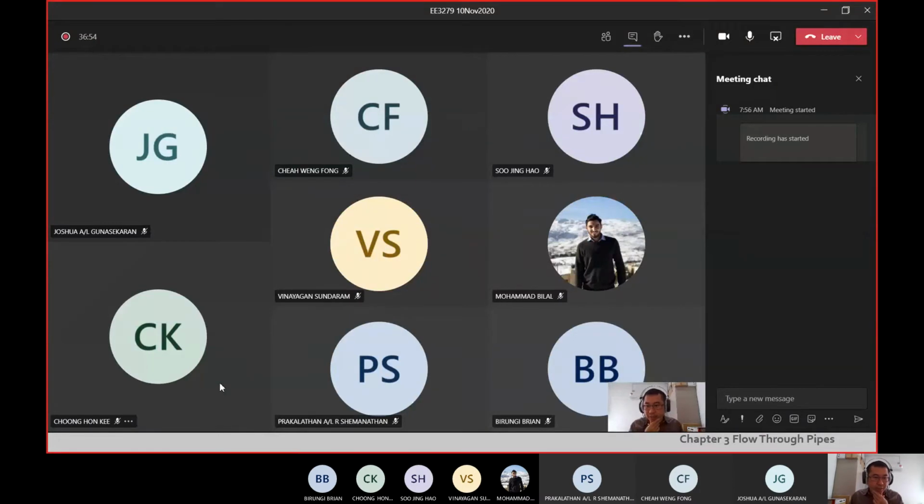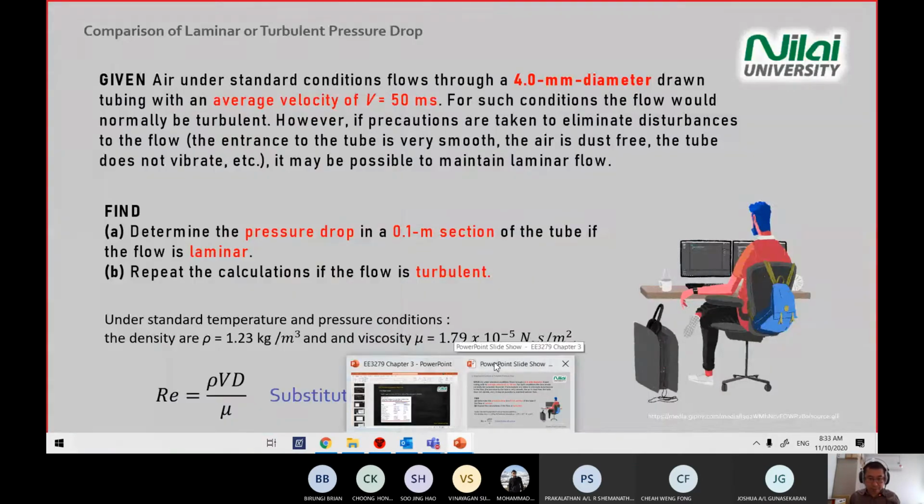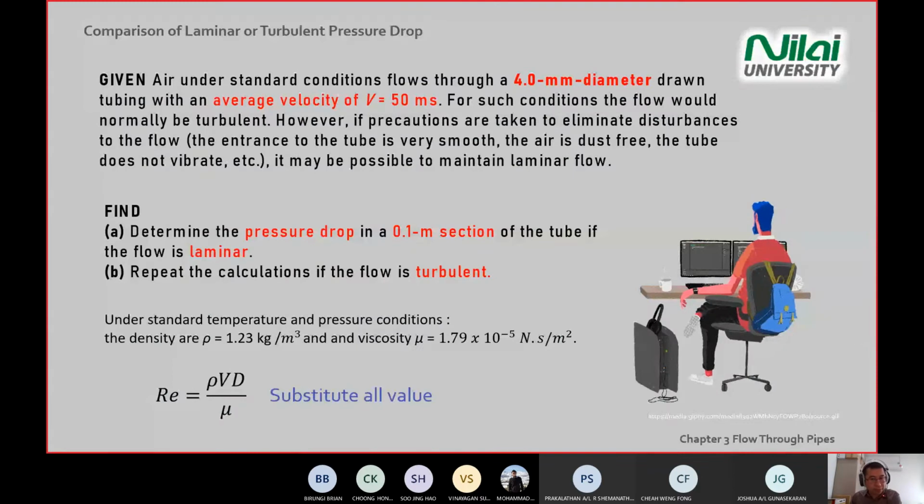Just now I asked Jia, right? Jia Wing Fung, right? Okay, Jia. Yes, sir. Yeah, Jia, just now the Reynolds number, what did you get? What's the value? What is the value for Reynolds number? Jia, how did you get the Reynolds number? Can you share with us how you got it?